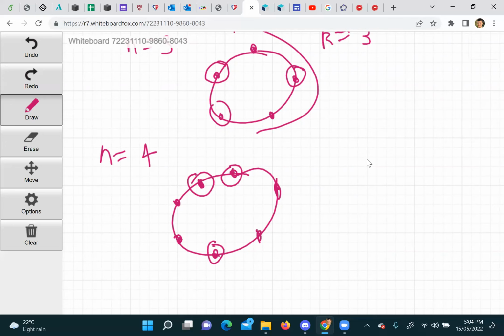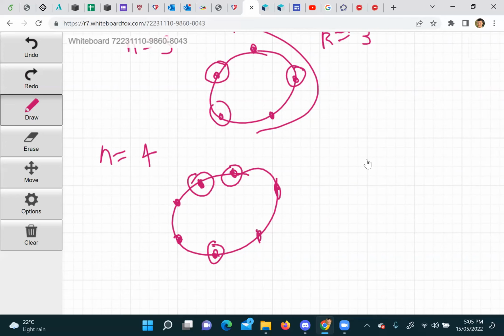What is K again? K is the number of black points. What it's asking for is the minimum K such that this holds. So 3 of them is fine, and if you have 4 of them, something bad definitely happens in this case. Can you get less than 4?